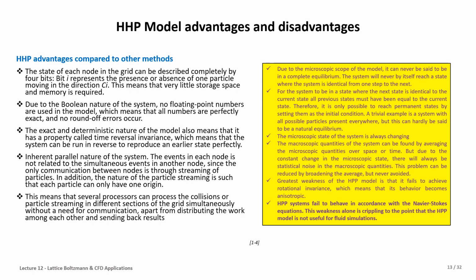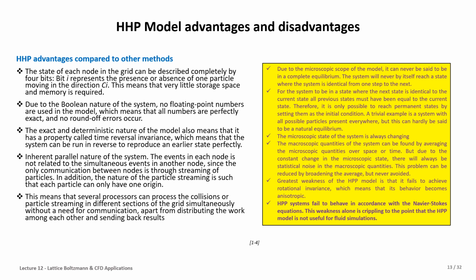And not successful. However, there are other items in the list of disadvantages. For example, the microscopic state of the system is always changing. The macroscopic quantity of the system can be found by averaging the microscopic quantities over space or time.